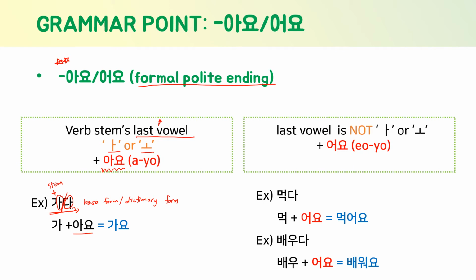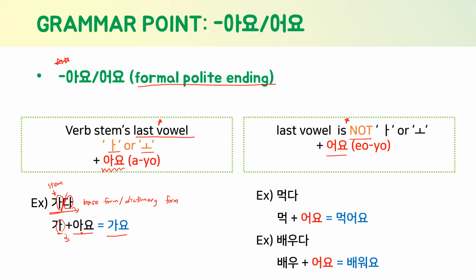So 가 plus 아요, but since there are two same vowels, one of them drops and it becomes 가요. But if the last vowel is not ㅏ or ㅗ, meaning all the other vowels, you add 어요.